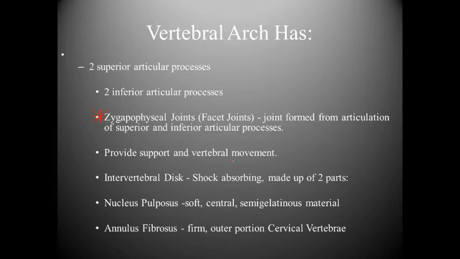And so, basically, I don't really know what cervical vertebrae is doing here, but you have two layers of an intervertebral disc. You have an inner and an outer. The nucleus pulposus is the inner, and the fibrosus is the outer portion.